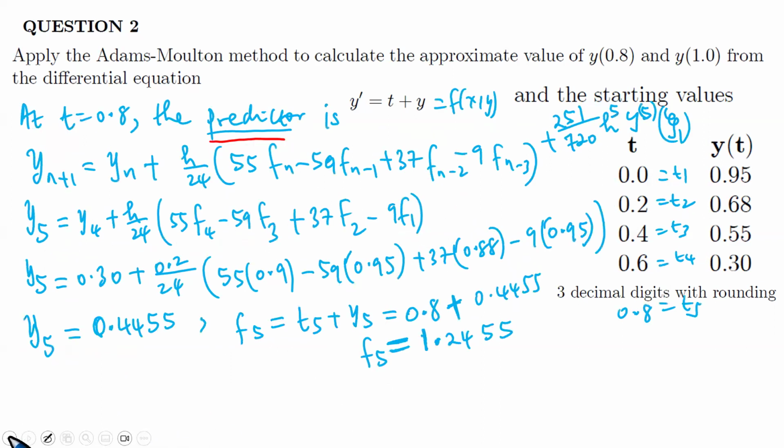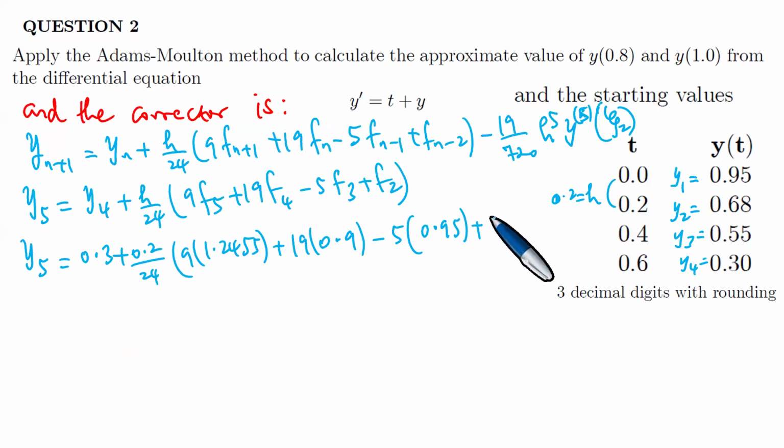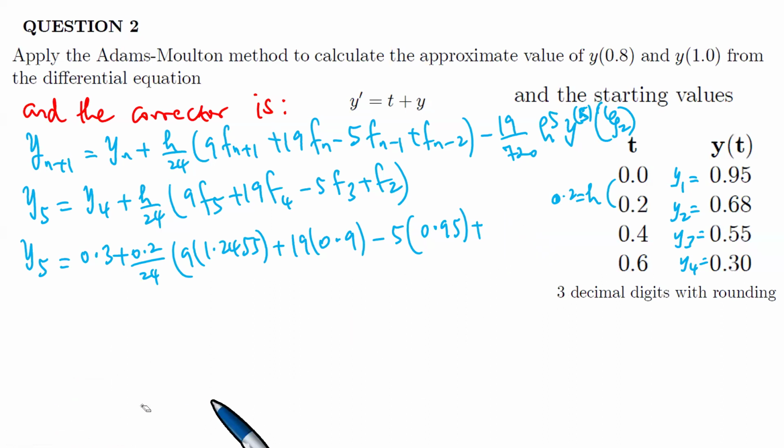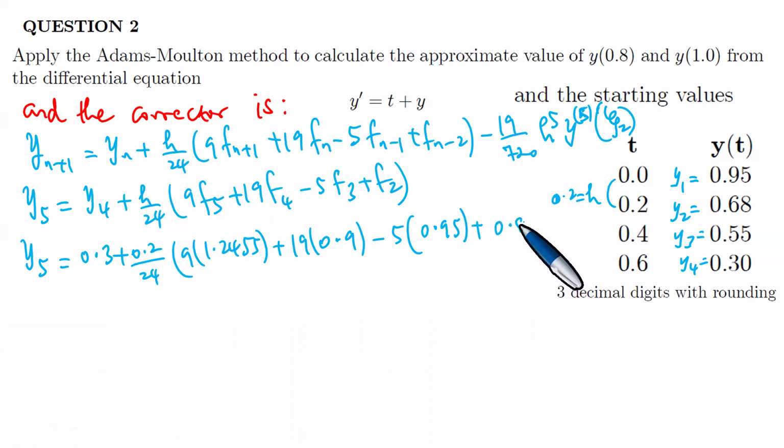F2, 0.88. And then now we just use our calculator to get the answer here.